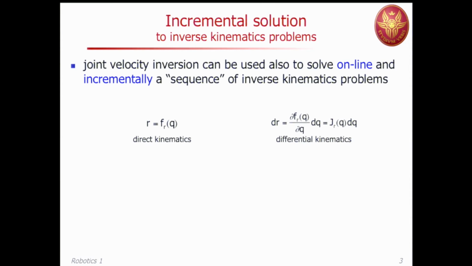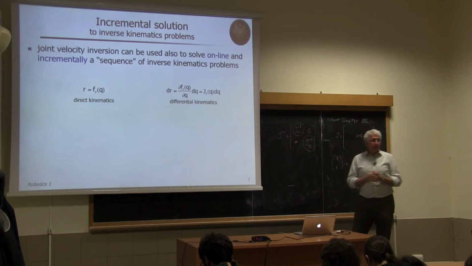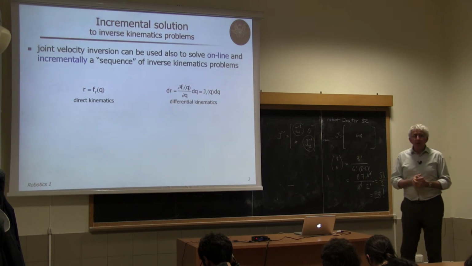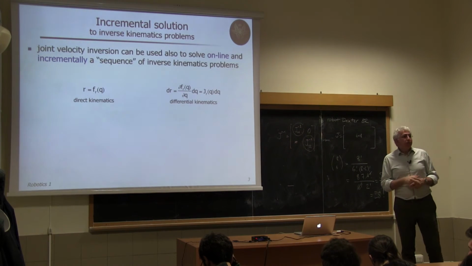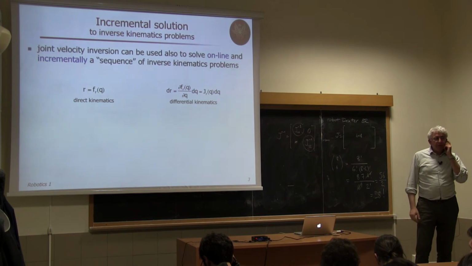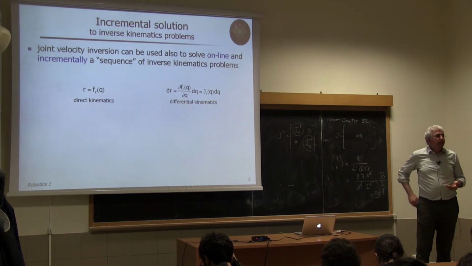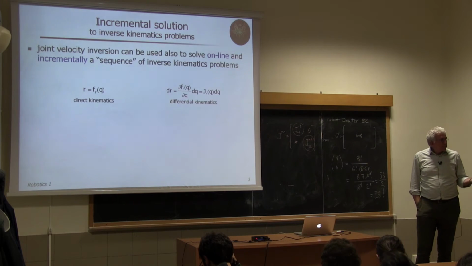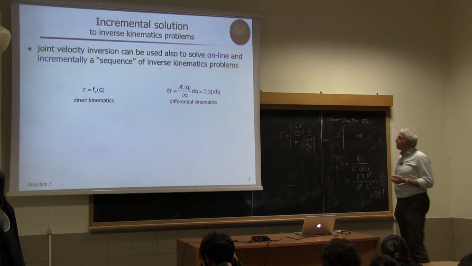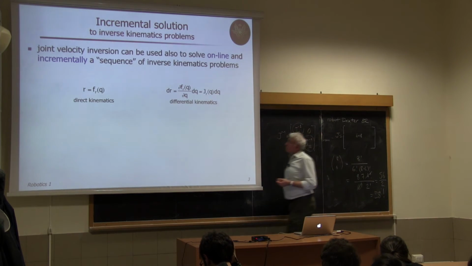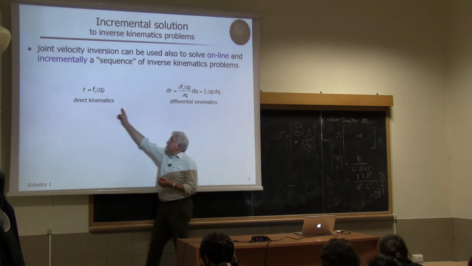So what I'm saying here is that this joint velocity level inversion, so I'm inverting velocities, can actually be used as a method for successively inverting direct kinematic problems, so at the position level. Why? Suppose that you have this direct kinematics.